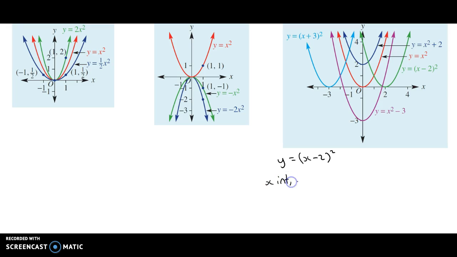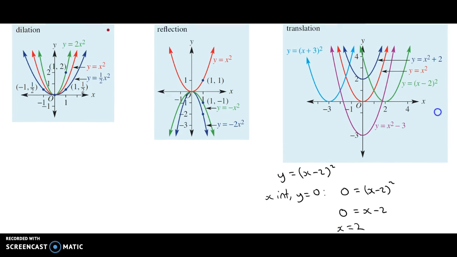Find the x-intercept, y equals 0. So 0 equals x minus 2 all squared. If we square root both sides of this to get rid of this squared here, square root of 0 is 0, so 0 equals x minus 2. If we solve that, we get x equals 2.